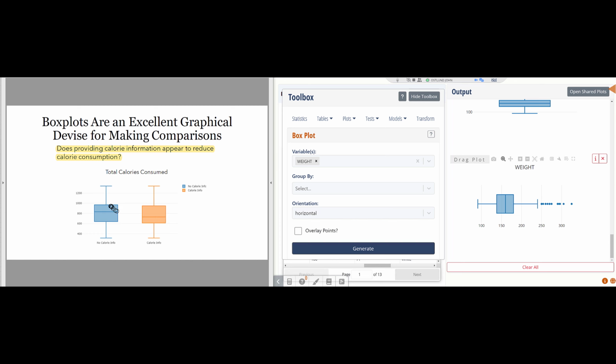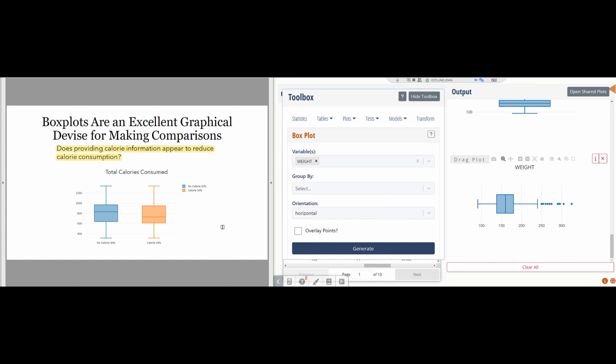For one thing, the interquartile range for the people who did not receive calorie information is clearly higher than the interquartile range for the people who did. Likewise, maybe even more impressive, the median value for people who did not receive calorie information is noticeably higher than the median value for people who did.